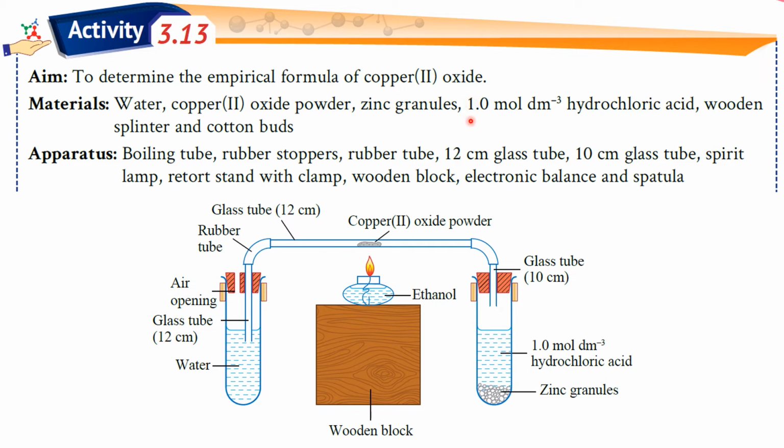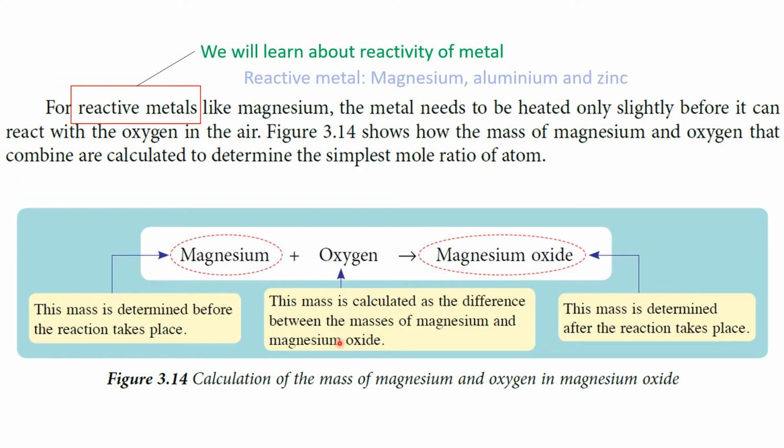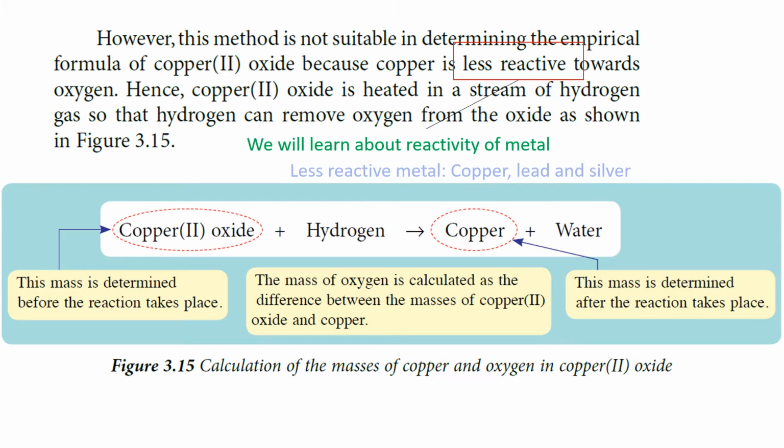This one also we will do in school once the school opens. The figures explain the calculation of the masses of magnesium and oxygen in magnesium oxide, and of copper and oxygen in copper oxide. You can read, but we will discuss in detail in school. This is about the experiment.